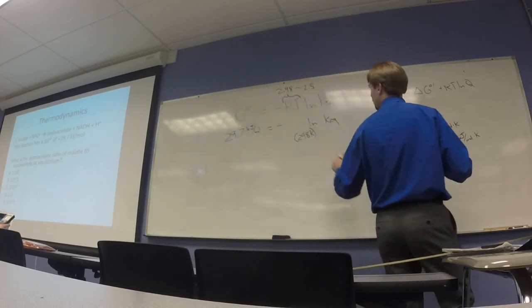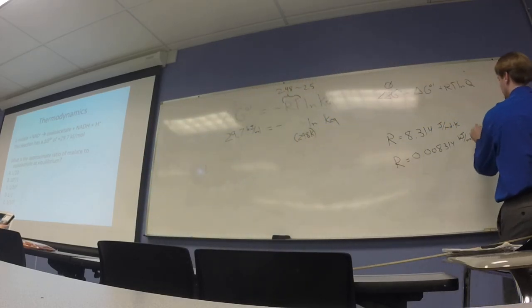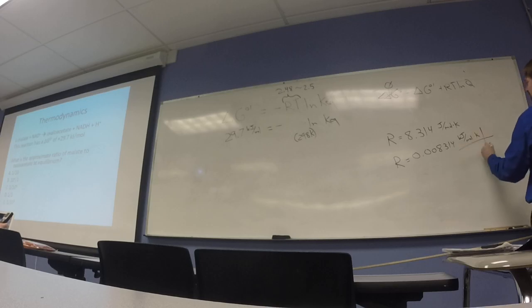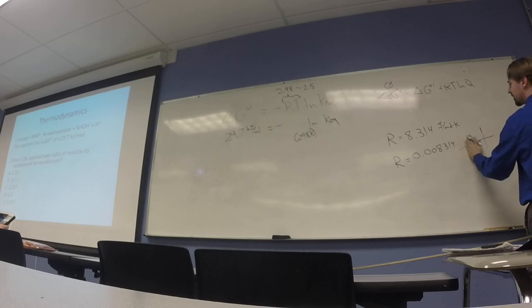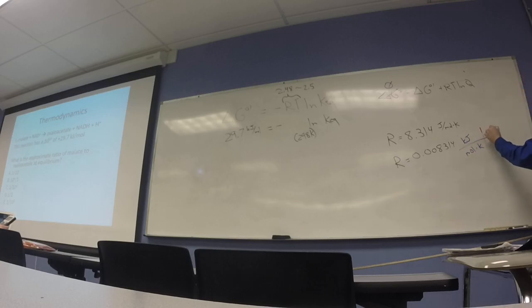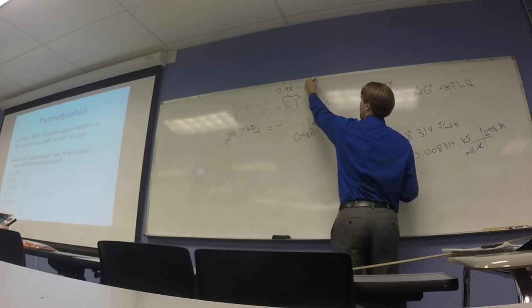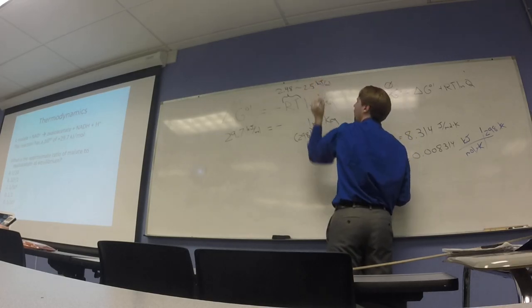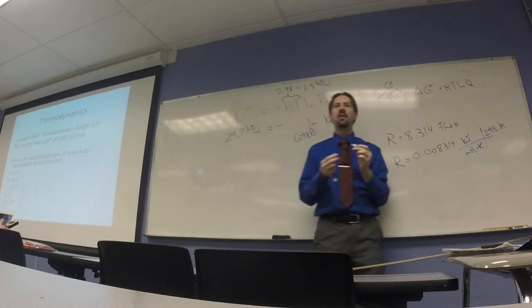Well, let's check. This one's in kilojoules per mole times Kelvin. Temperature is 298 Kelvin. Kelvins cancel, and you're left with kilojoules over moles. So 2.5 kilojoules per mole is our RT.